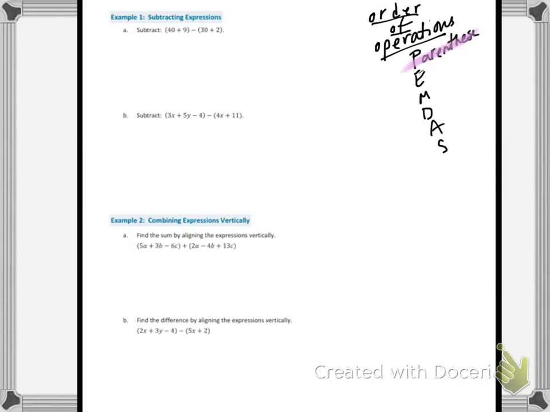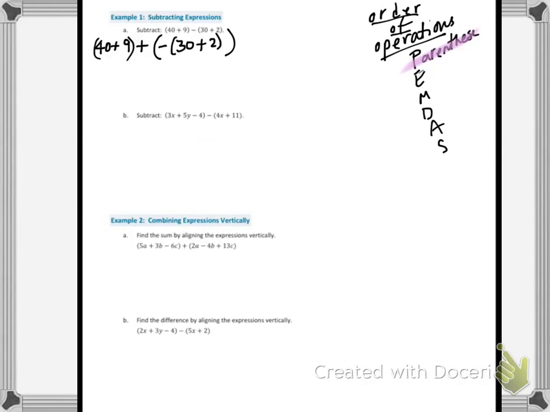Now, if I wanted to do the opposite of a sum is the sum of its opposites, which we talked about before, I would need to just go ahead and leave this 40 plus 9 alone. Okay, but now instead of subtracting it, I want to add its opposites. So the opposite of 30 plus 2.